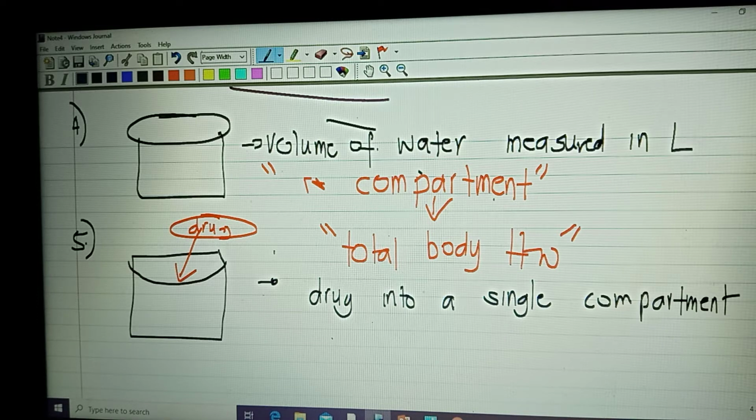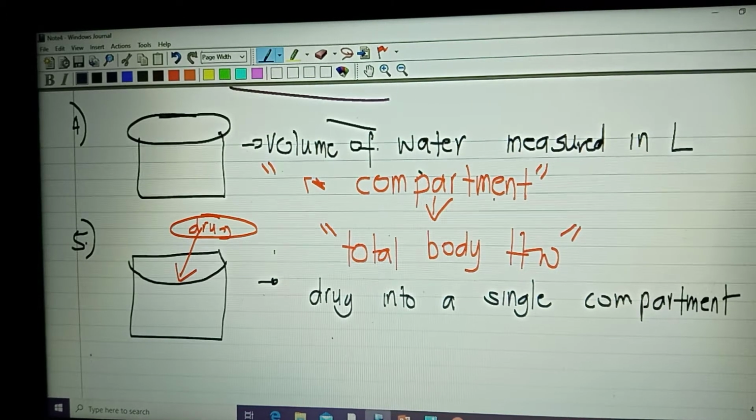That is described as dose divided by the volume, which is actually a concentration. Are you following? Okay? So, when we put drug into a single compartment, it is easy to determine the amount of drug in the total body. That is described again as dose divided by the volume, which is a concentration.